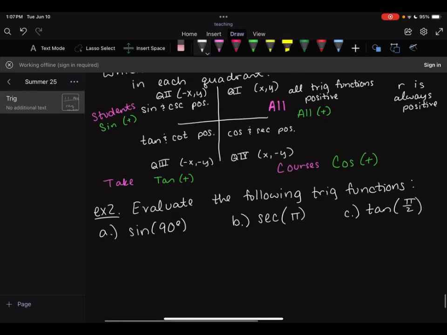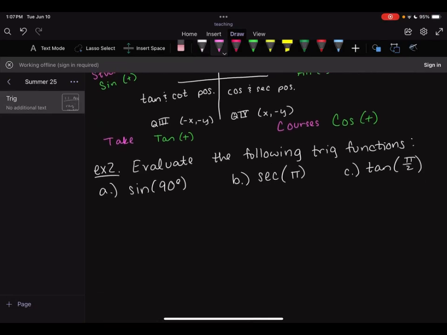So I put in one in degrees. I also did some in radians. So all of these angles, what's interesting about them is that they are quadrantal angles, meaning that they lie on the x or y axis.